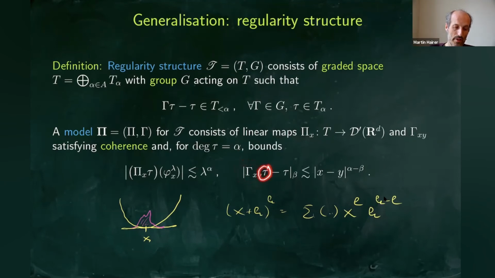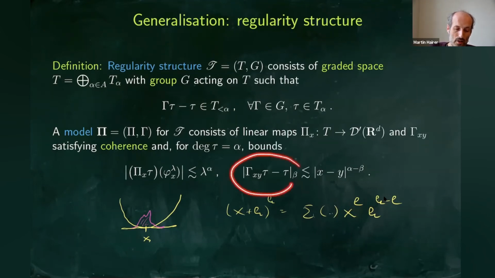I take a monomial of degree alpha, think of alpha as being like this k here, and act with gamma xy, thinking of it as translation by x minus y, so this h would be x minus y. What you get is a sum of terms of degree beta less than alpha. As you see here, l has to be less than k, so you also get a sum of terms of degree less than k.